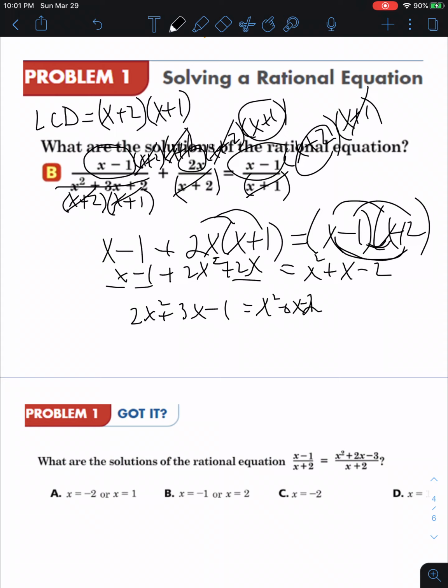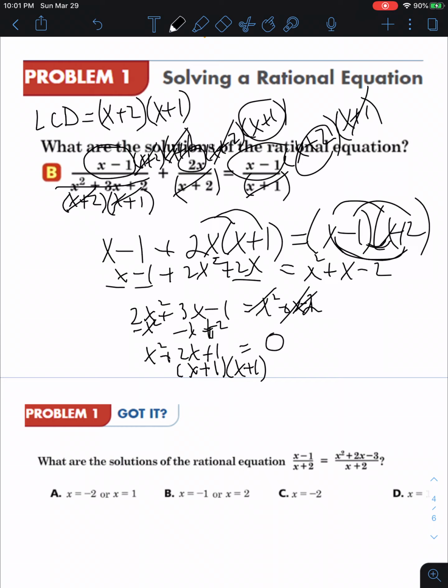Now if I subtract x squared, subtract x, and add 2, I will get a 0 on the right side. Well, that'll give me an x squared and plus 2x, and plus 2 plus minus 1 would be plus 1, which is going to give me an x plus 1 times x plus 1.